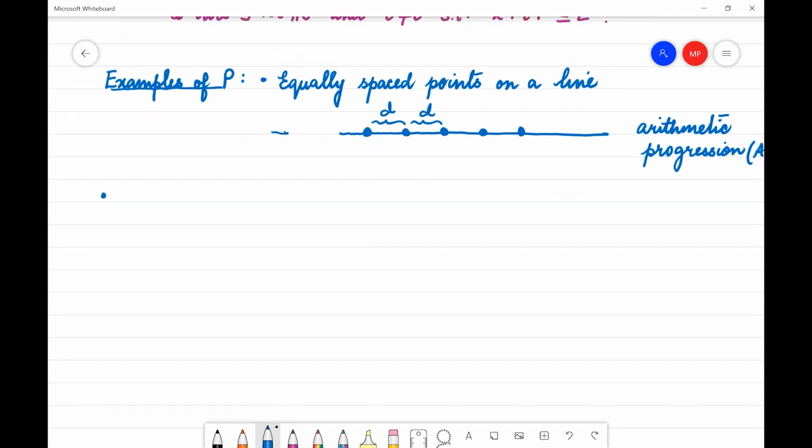Other examples could be, let's say, vertices of an equilateral triangle, say, or an isosceles triangle.